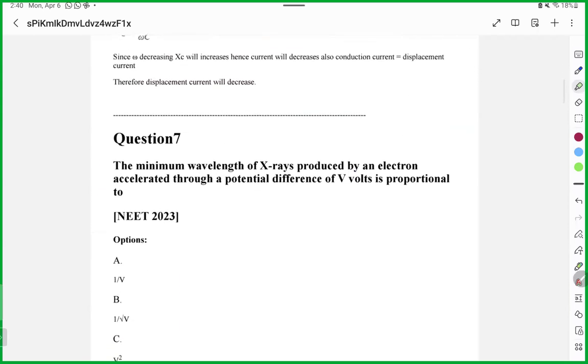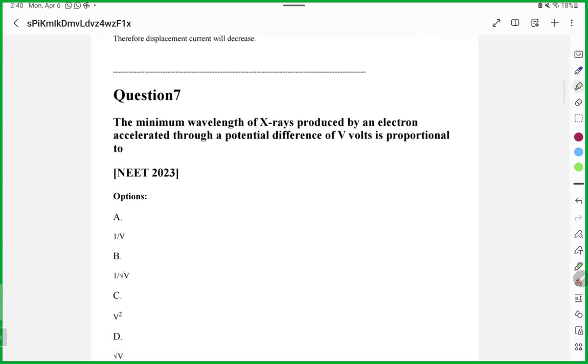So this question is done. See this question. Who will answer? Chandana, minimum wavelength of X-ray produced by an electron accelerated through a potential difference. Sir, 1 by V?